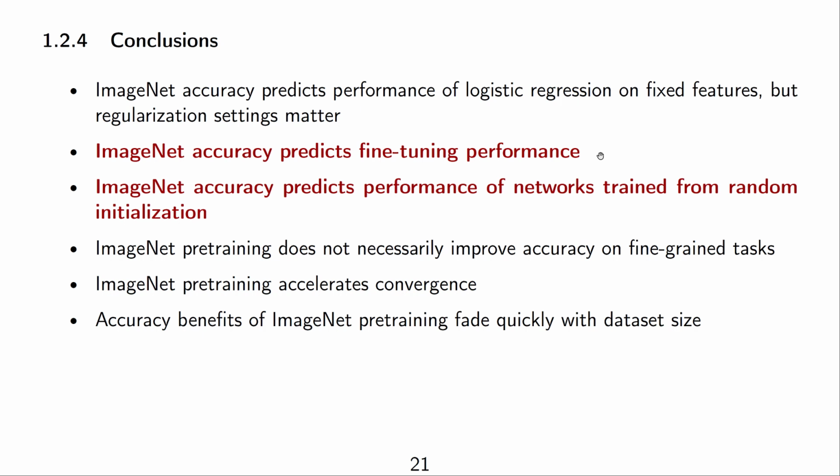Third, ImageNet accuracy predicts performance of networks trained from random initialization. So not only is the data valuable in transfer learning, but also what you learn about architectures; just using the latest architectures is also good if you cannot pre-train them. ImageNet pre-training does not necessarily improve accuracy on fine-grained tasks.